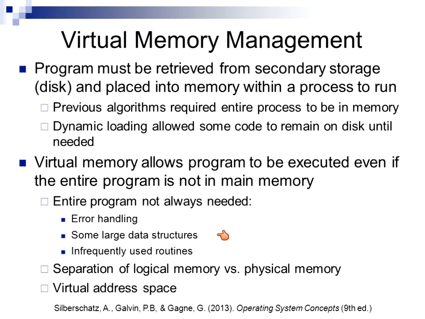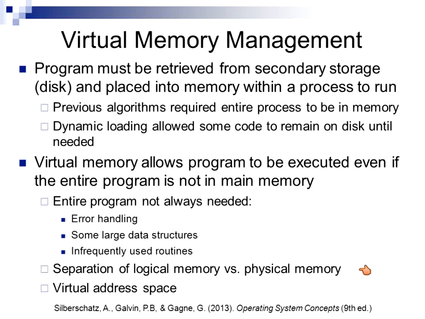With some large data structures, arrays and so forth, a lot of times you allocate more than you need. So why allocate all those frames when you might only be using a portion of them? And then there are some routines or methods in your code that aren't going to be used.